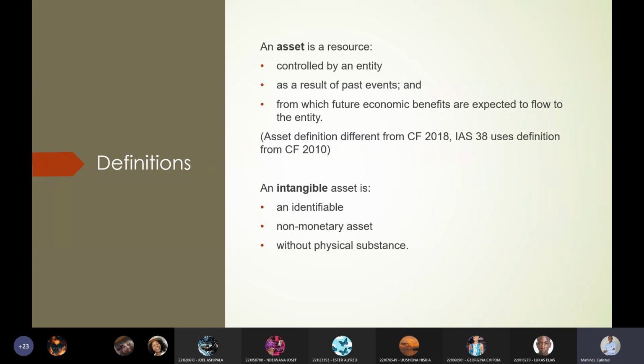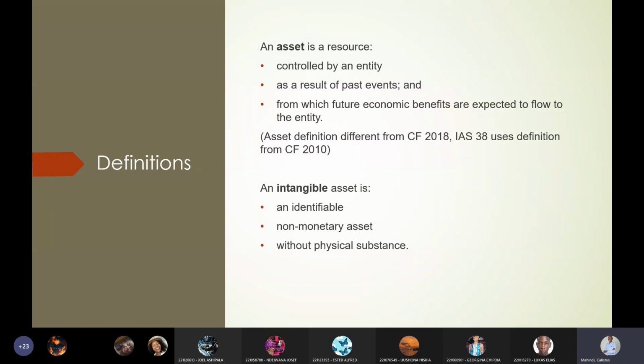So the current standard IAS 38, which is one of the older standards, still uses the old definition of an asset, and it's still relevant. Even the recognition criteria, as we go ahead, will use the old recognition criteria from the Conceptual Framework 2010. So before we can define an intangible asset, it first needs to meet the definition of an asset.